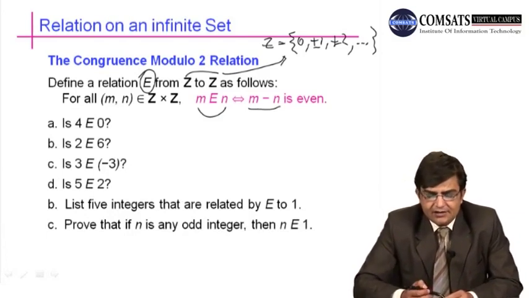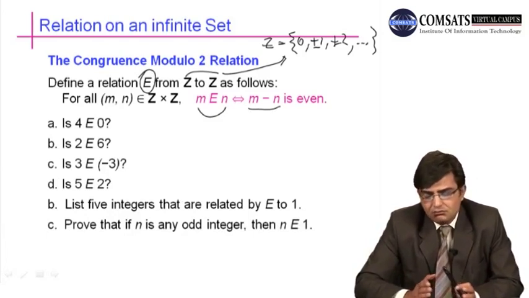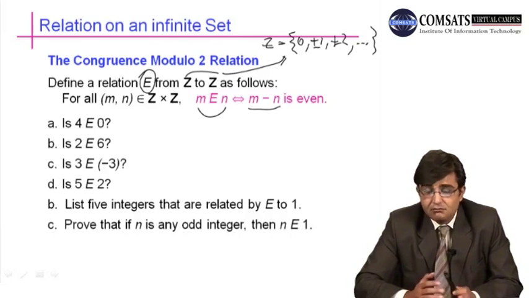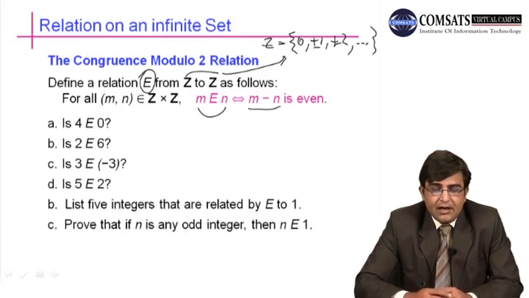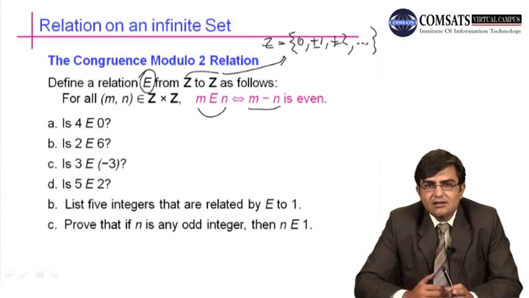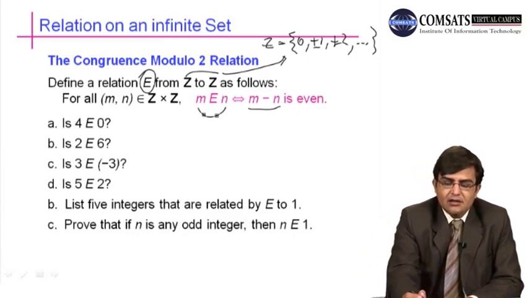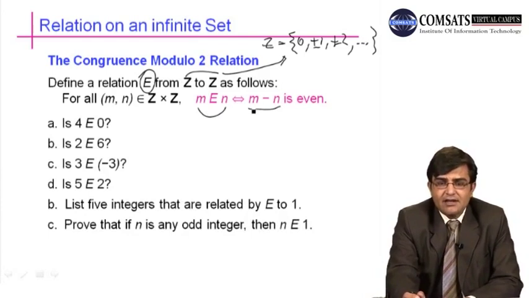This is a relation which we define between the elements of Z. These two elements could be the same, because m is an element of Z and n is also an element of Z, or they could be different. So m is related to n if and only if m minus n is even.